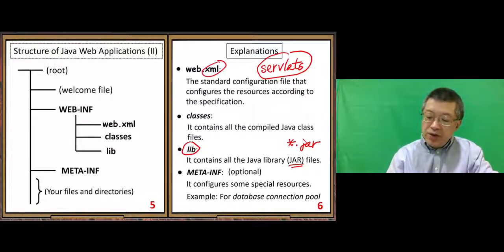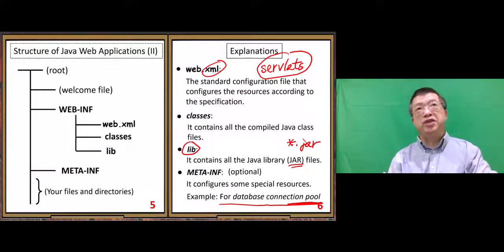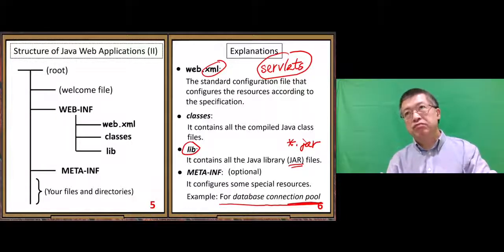The example is when you need to configure a database connection pool. You may not know the meaning yet. This is an advanced technology related to database efficiency. When you use your database resource, you want to manage it very efficiently, but that is not easy.